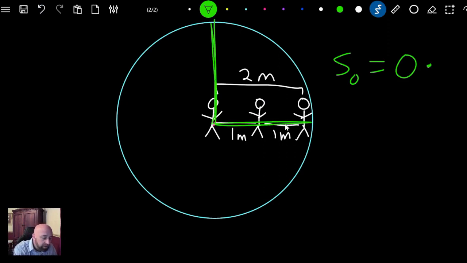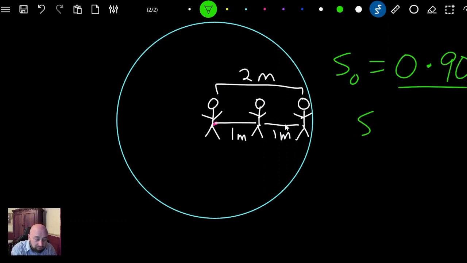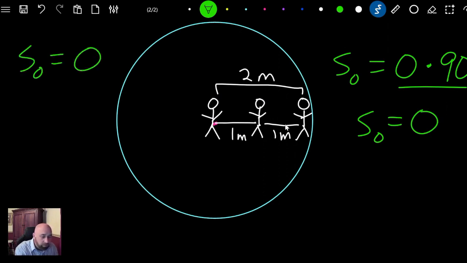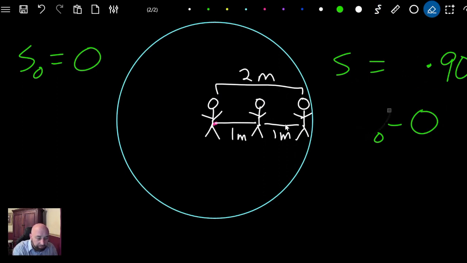Well, our theta is our 90 degree angle, because that's what the problem says. The problem says 90 degrees. So our theta is 90. Well, what is 0 times 90? So the distance traveled by person 0 at the center is 0 meters. They don't travel. Okay, and so we'll put it over here. S0 equals 0. That person did not travel. They didn't make any movement.